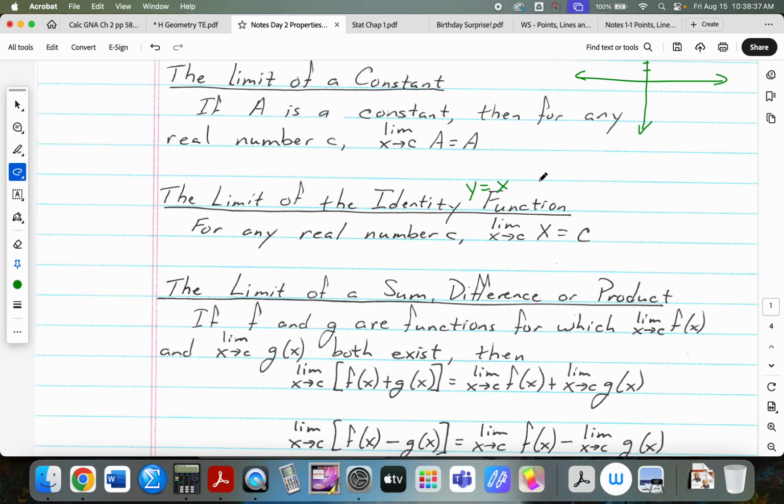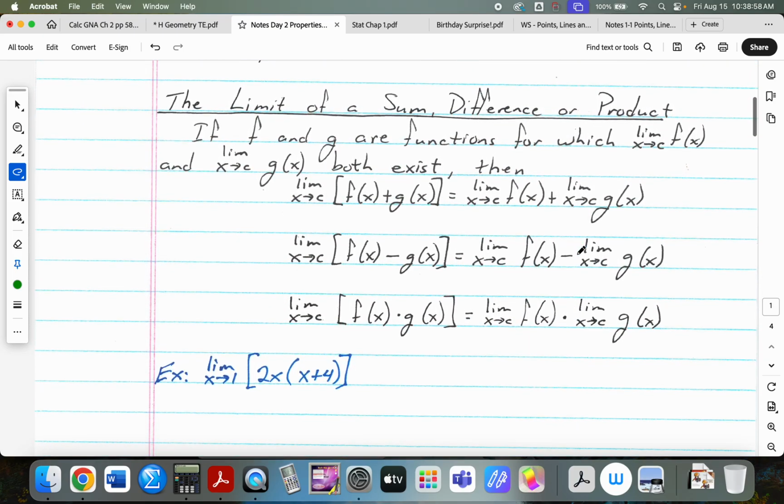So for any real number, and this is one where occasionally students are like, can it really be this easy? The limit as x approaches C of x, well, they just told you that x was approaching C, right? It's got to be C.